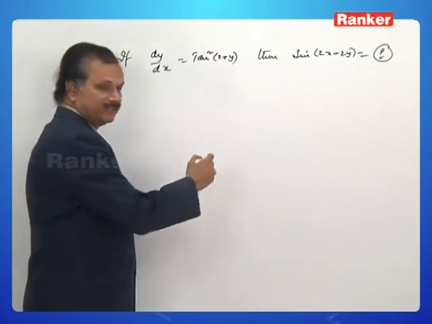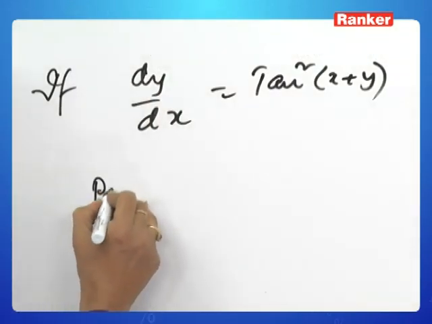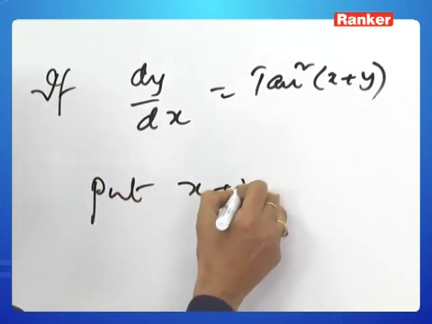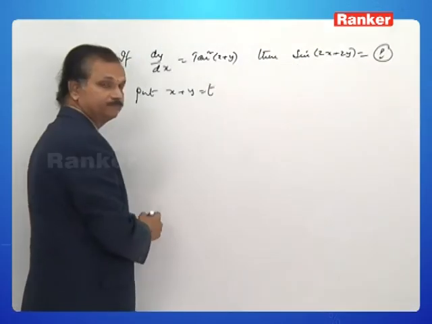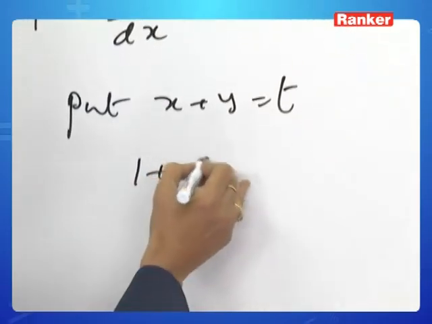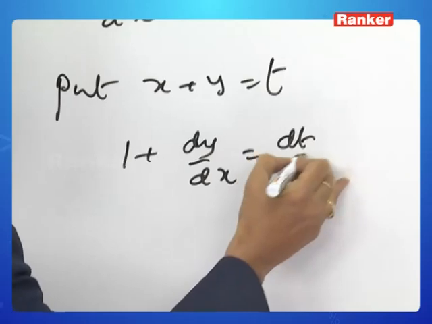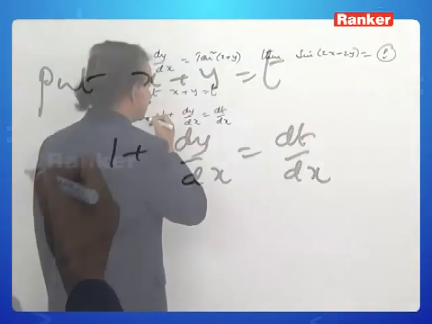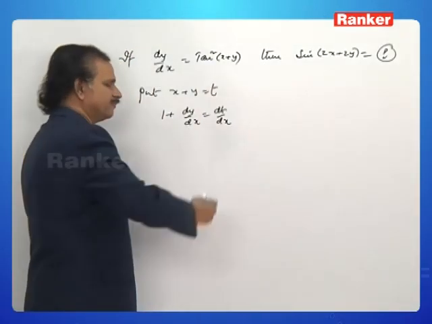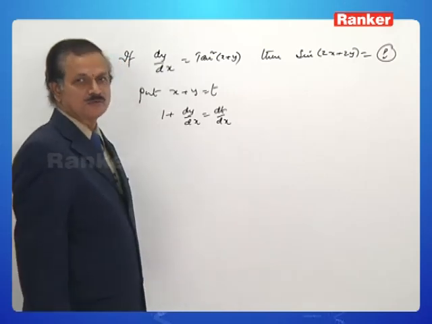What must be done is put x plus y is equal to t. Then 1 plus dy by dx is equal to dt by dx. That can easily be understood by differentiating with respect to x on both sides.